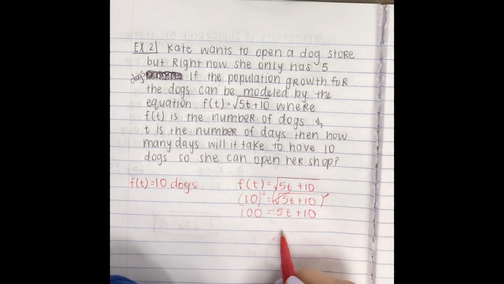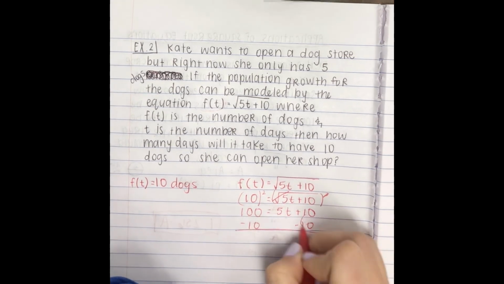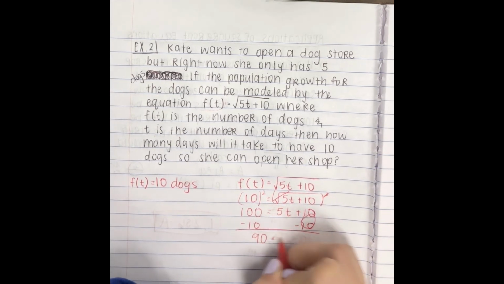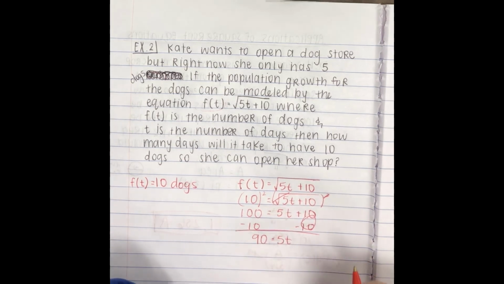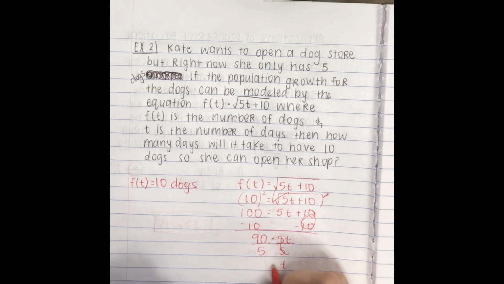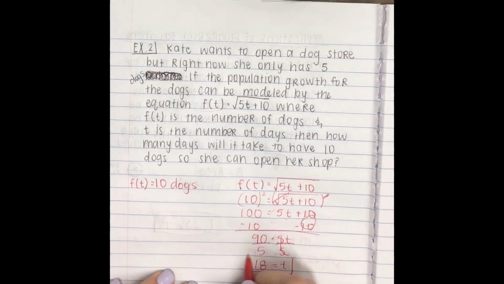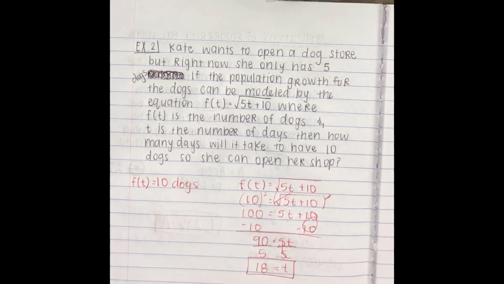I subtract 10 from both sides and get 90 equals 5t. Divide both sides by 5, and t equals 18. So it takes 18 days until she can have enough dogs and open her shop.